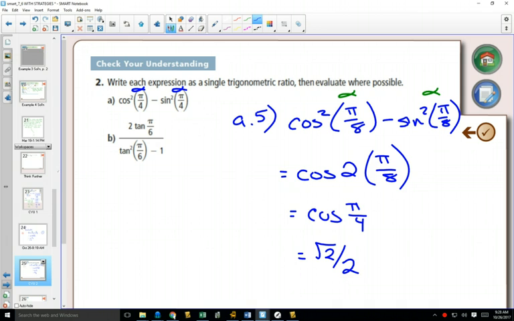Okay? Same thing for part B. For part B, you know tan of pi over 6. You could plug that in and solve it. It's going to be a little bit messy because you'll have fractions inside of fractions, and the simplifying isn't going to be nice. But one thing that you might have already memorized with your sum and difference identities is that if you have a fraction with a bunch of tans in it, you should check your formulas, right?